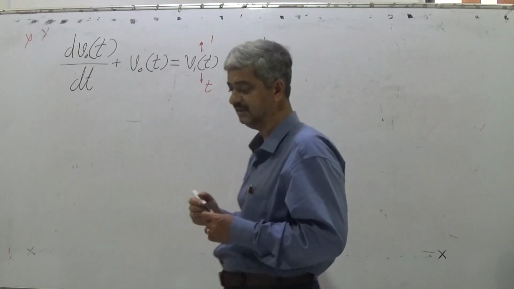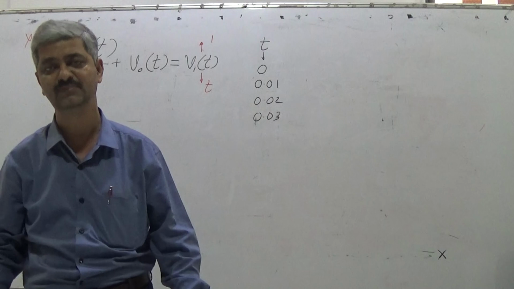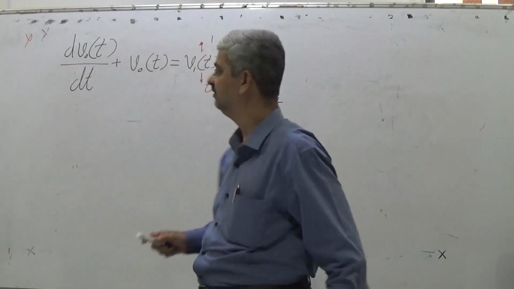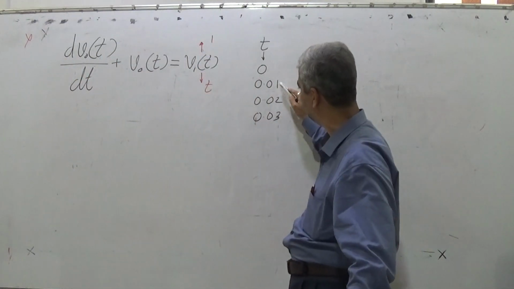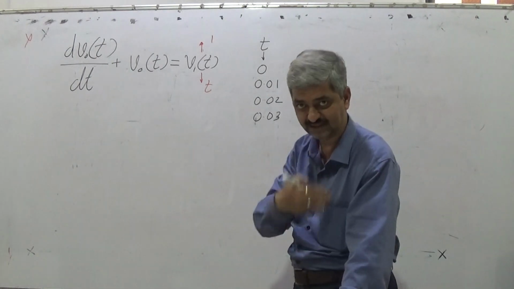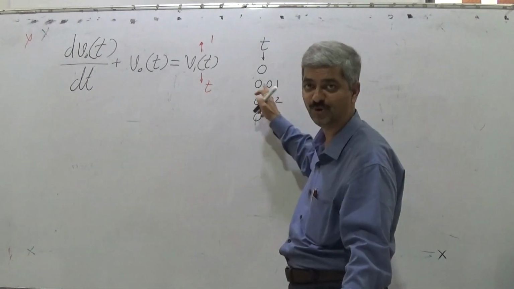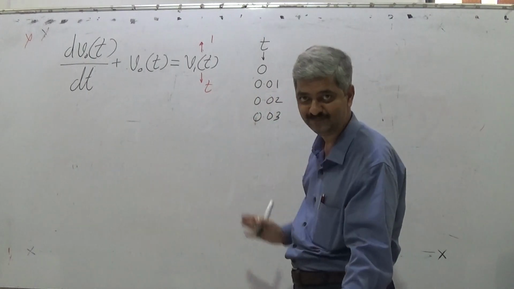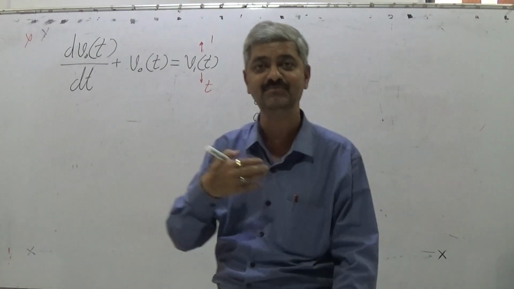Now you are having the subject data structures and algorithms, where you can write some program. You can take t as 0, 0.01, 0.02, 0.03 like that. Or if you want to be more accurate, you can take 0.001, 0.002, 0.003 and so on. So you can take each time step delta t.